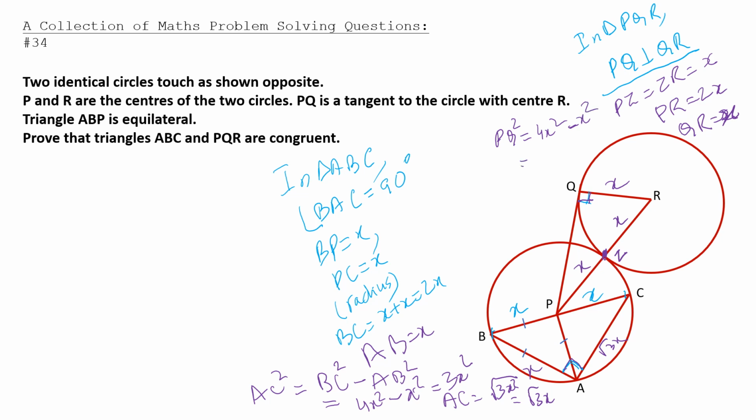So that gives me 3x squared, so PQ would be root 3 x.